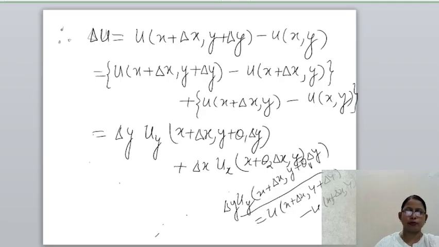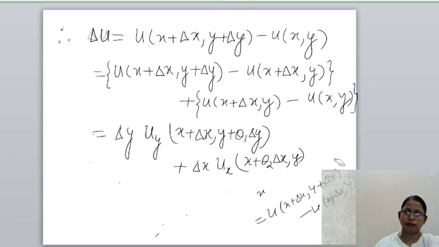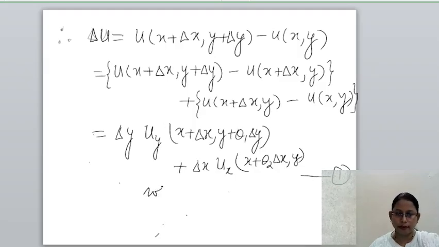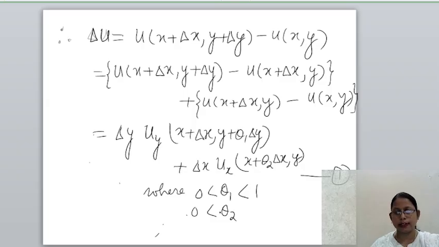So erase this portion and put this as equation 1, where theta 1 lies between 0 and 1 and theta 2 lies between 0 and 1, by the mean value theorem.